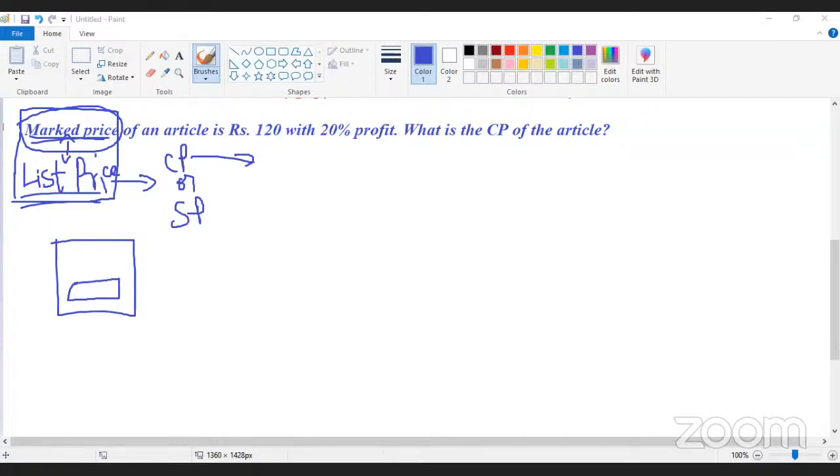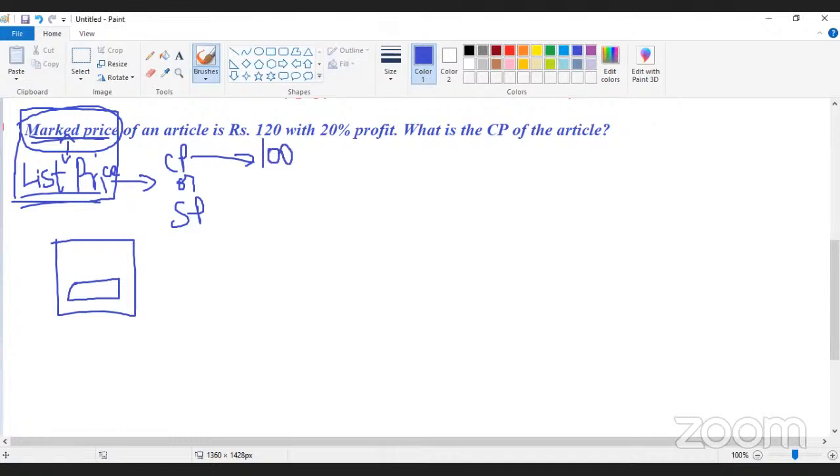Can you tell me what is the percentage value of cost price always? 100%. Yes, so always it is 100.